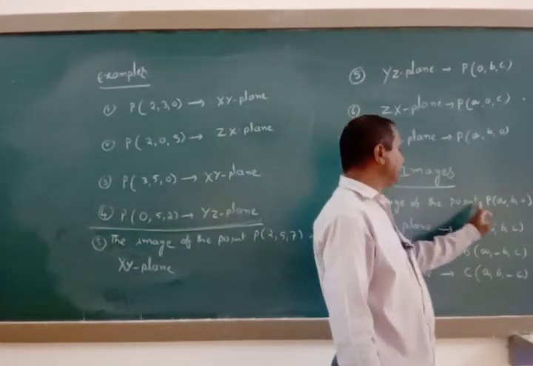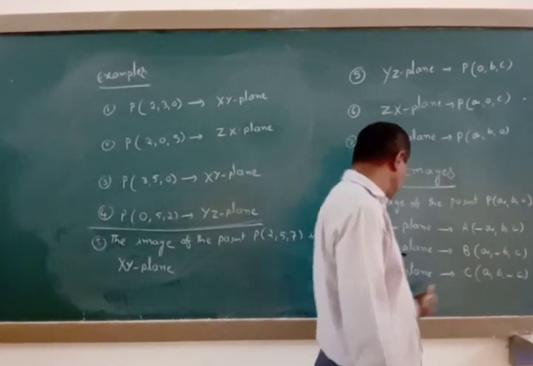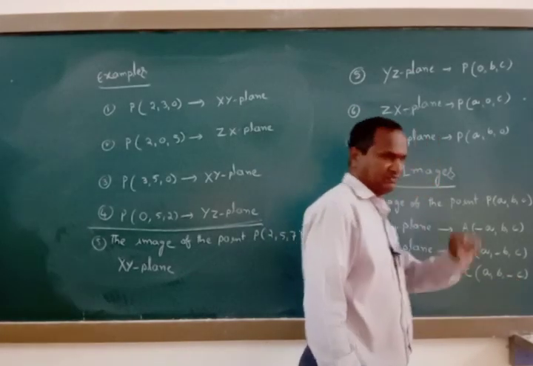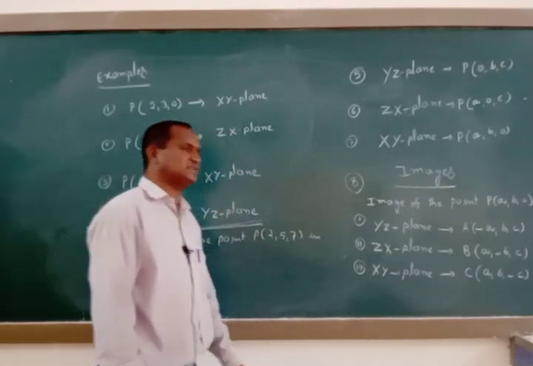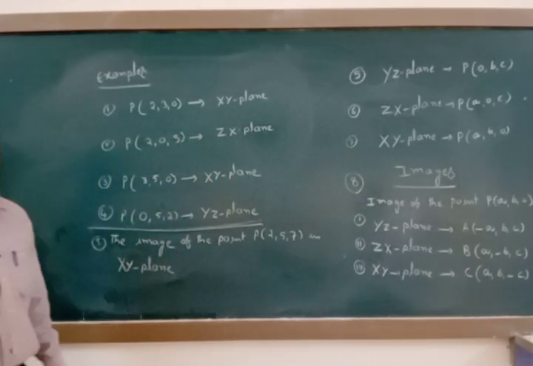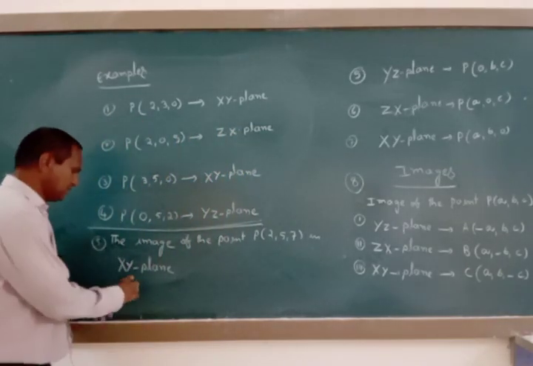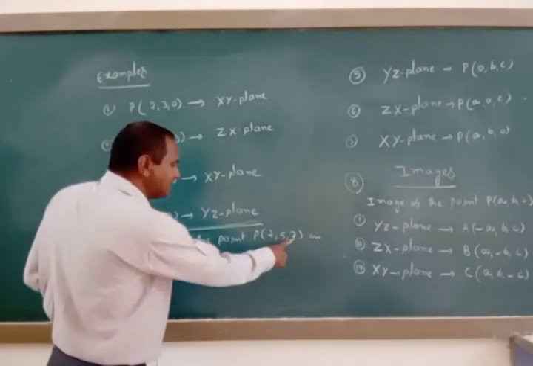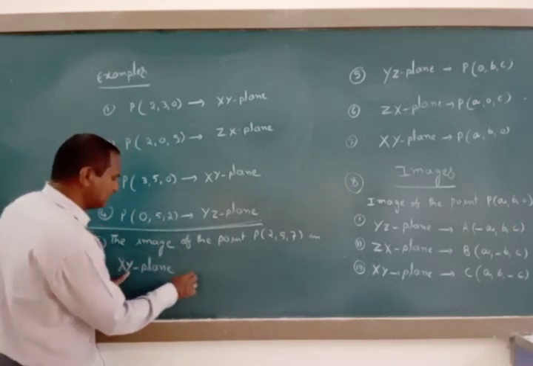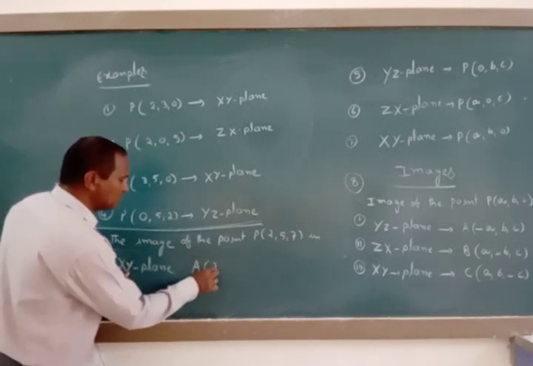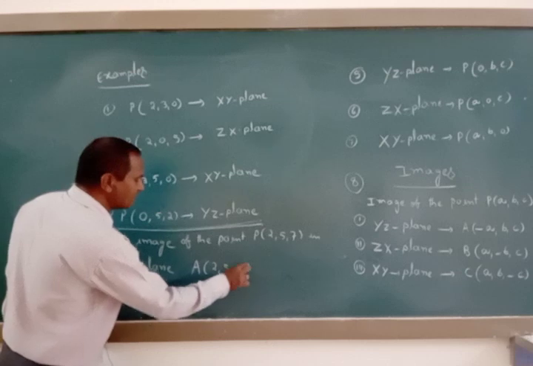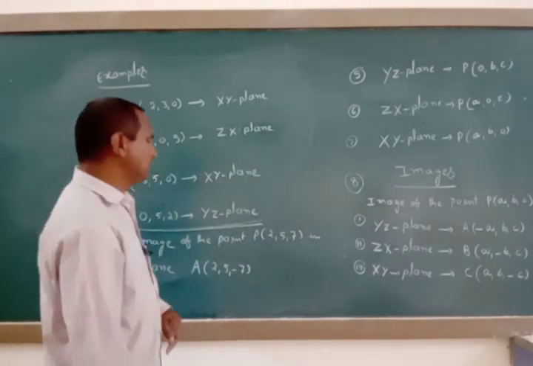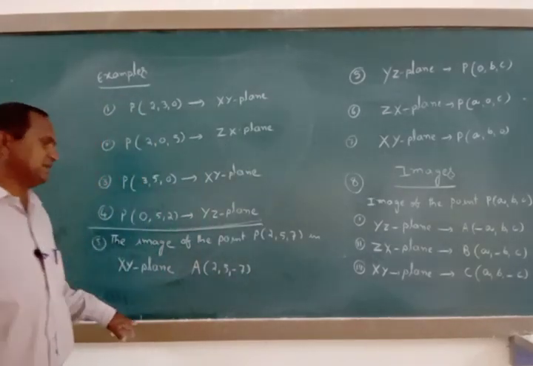The image of the point P(a, b, c) in the XY plane is (a, b, -c), that is, the third coordinate is negative. Image means opposite to the given point. Z is not there, so we must take the opposite of the third coordinate. Then in the XY plane, its image is (2, 5, -7).